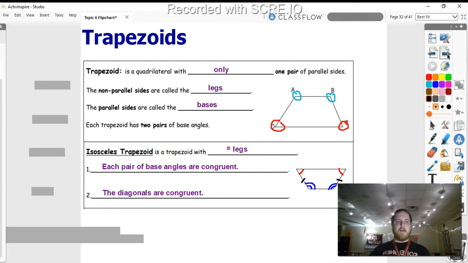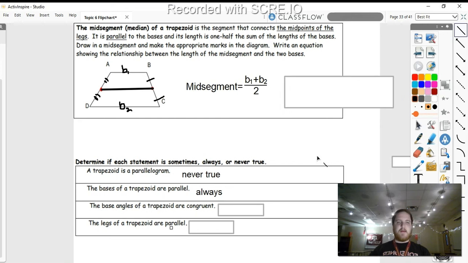Look at what happens. What if I drew a trapezoid that looked like this? We've got our parallel sides right there, and then our legs right there. Now you can tell just looking at this shape that this angle on this side and the angle over here on this side are not the same size. Those base angles are definitely not congruent.